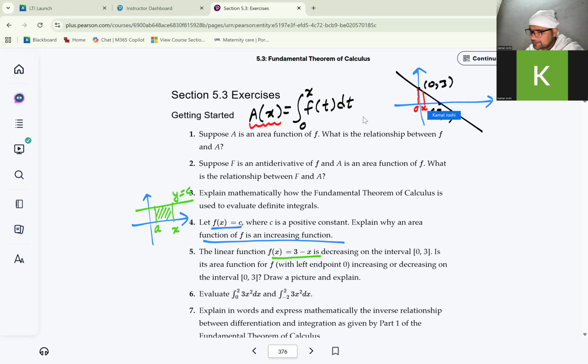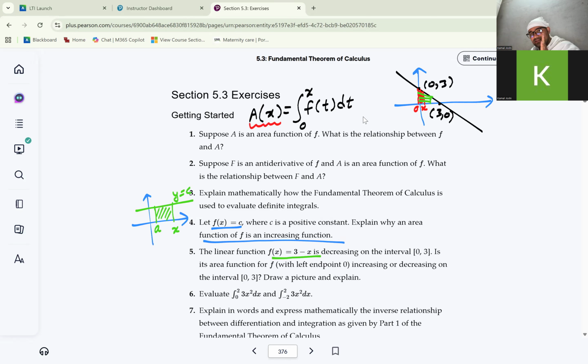So for example, if x is at that particular point, we are talking about this area. And if you take x to be a point a little further, then we are talking about that area, and so on. You get the picture. From 0 to 3, just that triangle, starting from the origin until the point (3, 0).